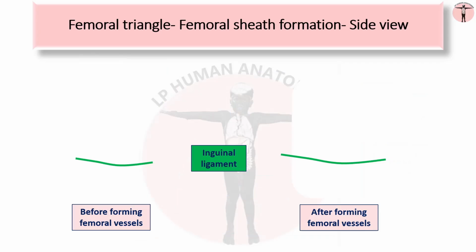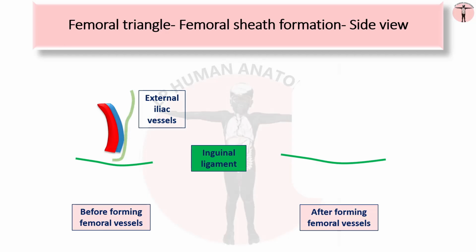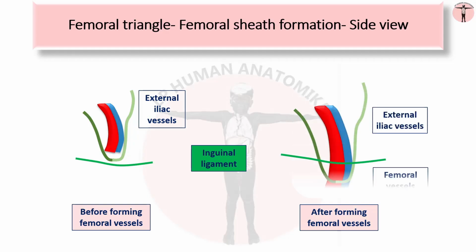The sheath is derived or formed from extraperitoneal connective tissue in which the external iliac vessels lie in the interval between the fascia transversalis and the fascia iliaca before they extend beneath the inguinal ligament as femoral vessels. As the external iliac vessels continue to extend below the inguinal ligament, forming the femoral vessels, they also take along with them the sheath around it.